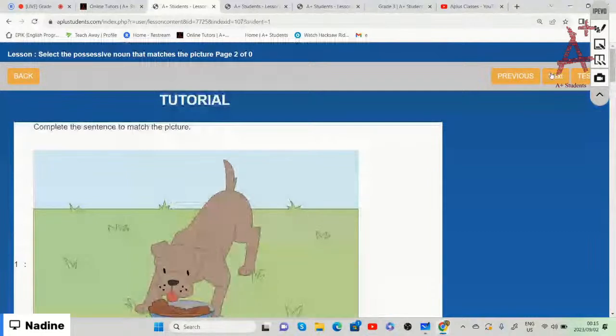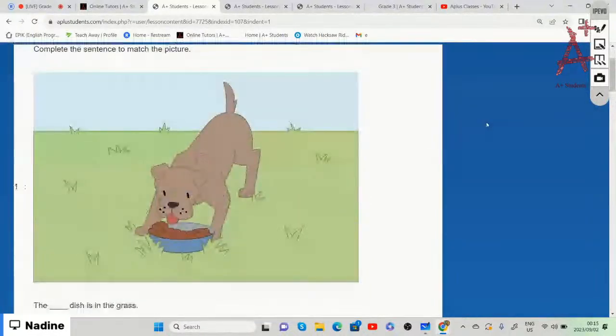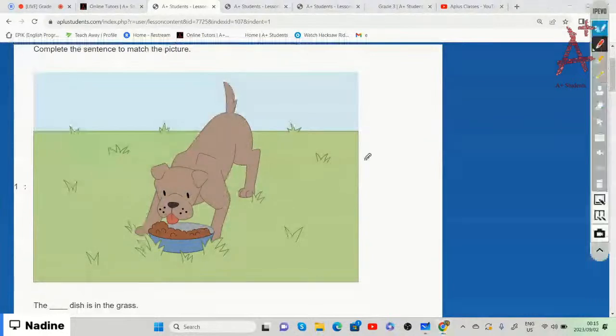We need to complete the sentence to match the picture. So if we look at the picture that we see here in front of us, this over here, it's the dog, right? So that's a dog. So this is the dog, and here is the dog's dish. So now the sentence says, the dish is in the grass. So whose dish is in the grass?